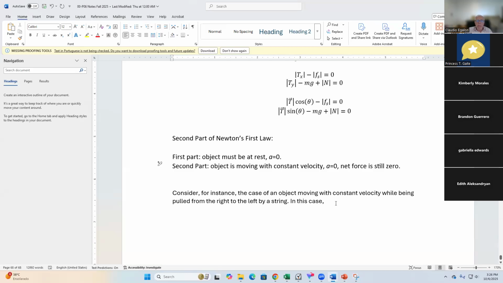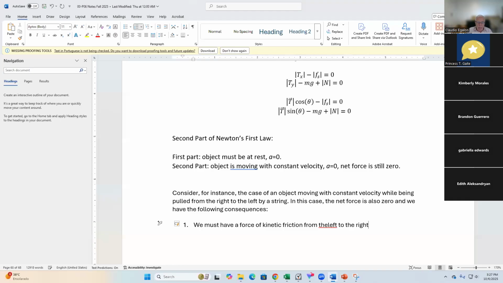In this case, the net force is also 0, and we have the following consequences. Consequence 1, we must have a force of kinetic friction from the left to the right.